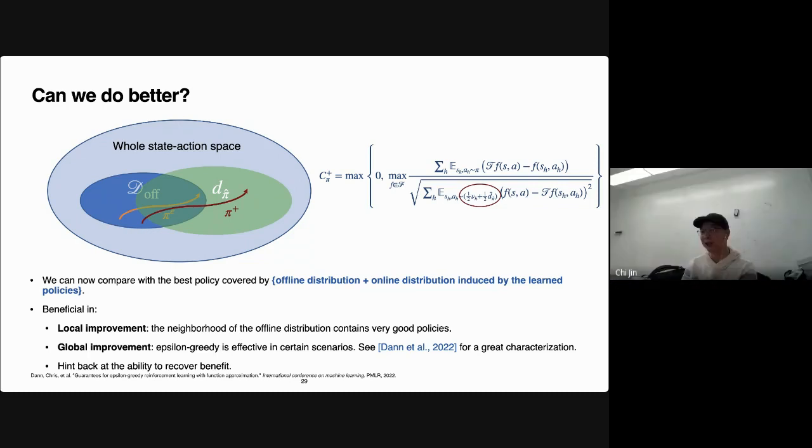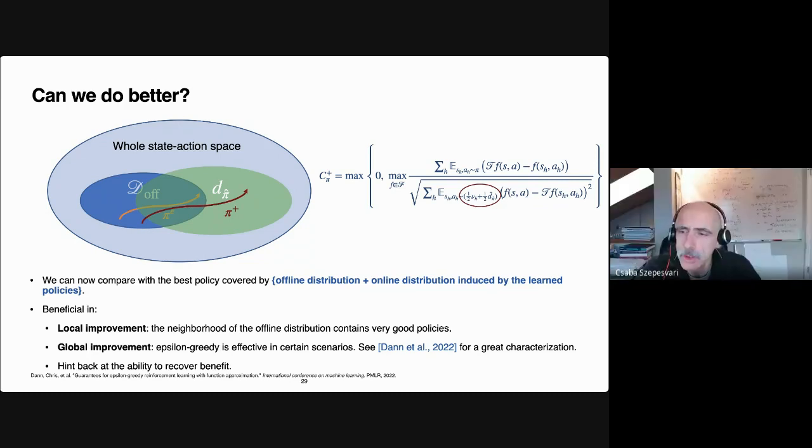I think this part of the mu h plus dh is only the rollout policy, but then you can do some stitching. The statements are given with no condition on how the trajectories are generated. Every trajectory can be generated by a different policy in your offline data. Doesn't matter, right? No, it doesn't have to be.